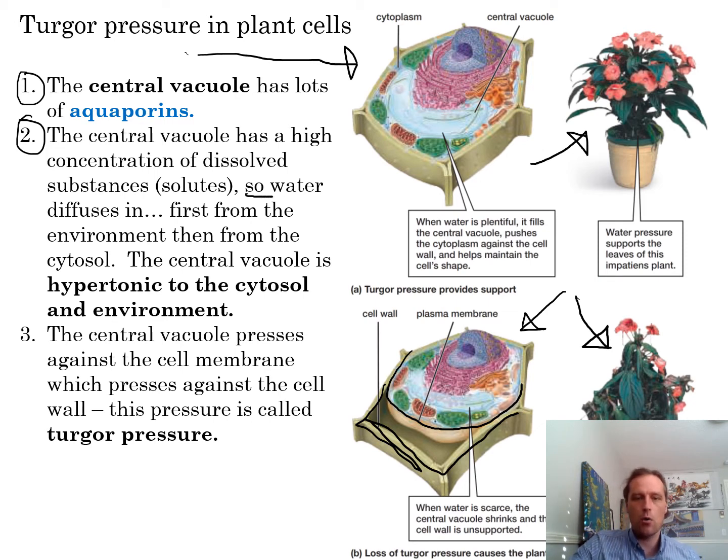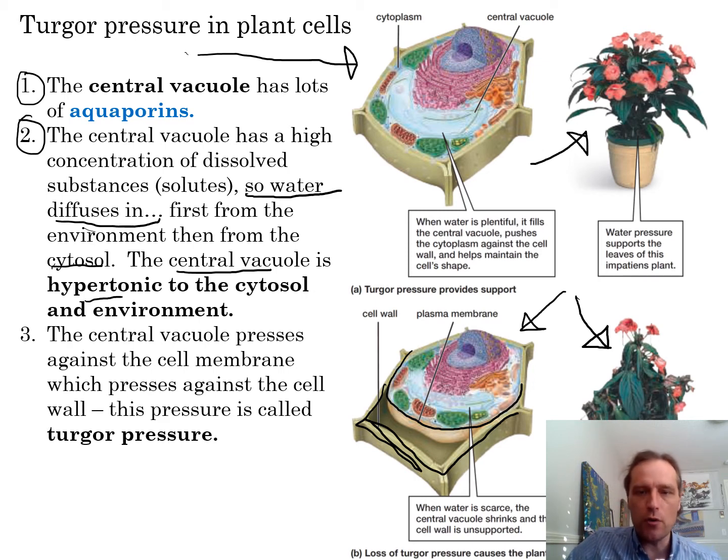So water diffuses in first from the environment into the cytosol, and then from the cytosol into the central vacuole. The central vacuole is hypertonic to the cytosol and the environment. Hyper meaning more solutes.